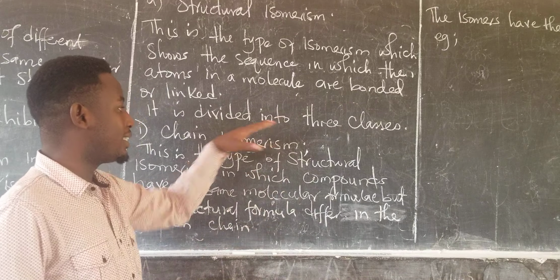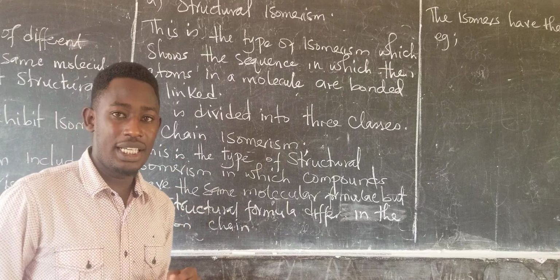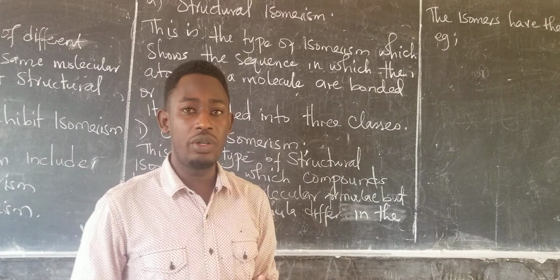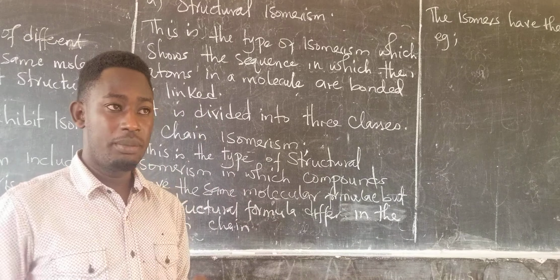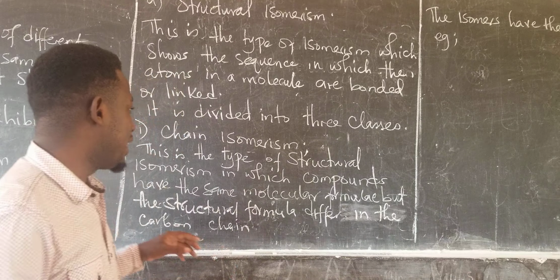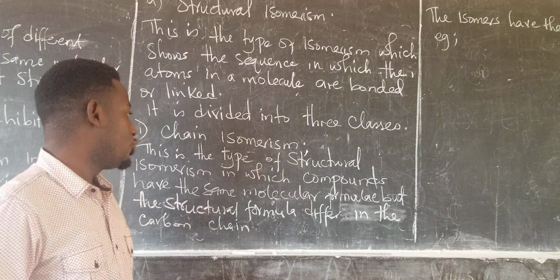And we are saying it has three classes. The first one is chain isomerism, we have position isomerism, and we also have functional isomerism. We're going to talk about all of them, but we are going to begin now with chain isomerism.